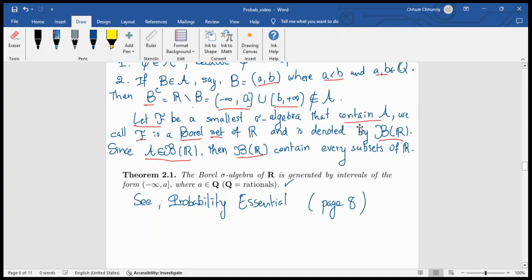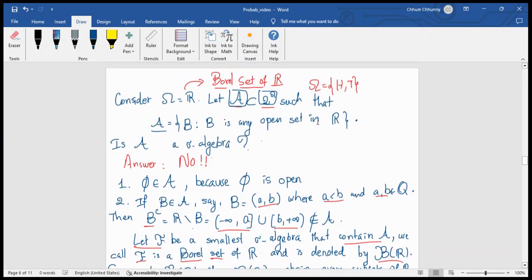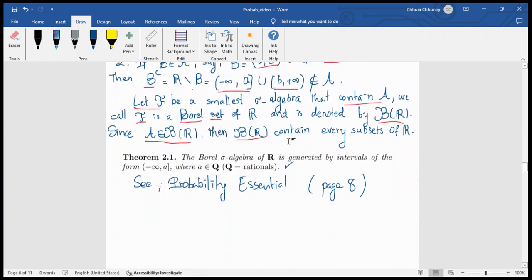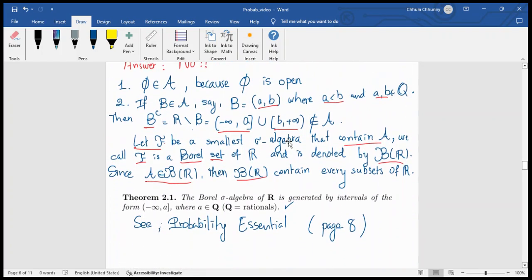So in this case, we have the set A, which contains all open sets, and we add some elements to make it a sigma algebra. That smallest sigma algebra generated by A is called the Borel set of A. And the Borel set of A contains every subset of A. The notation of the Borel set of A is B(A).